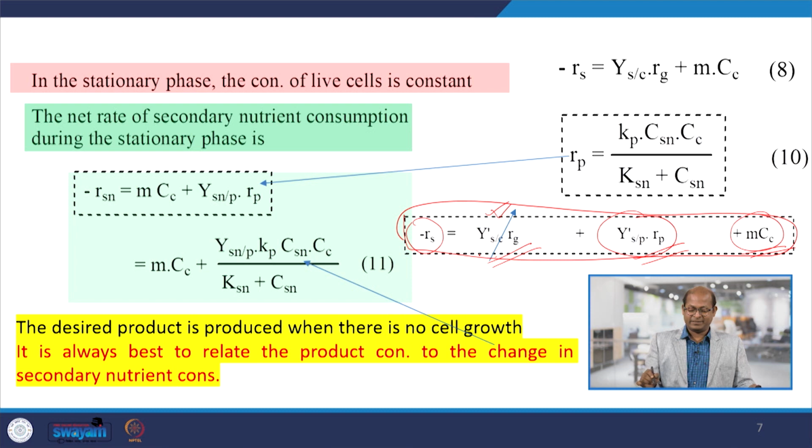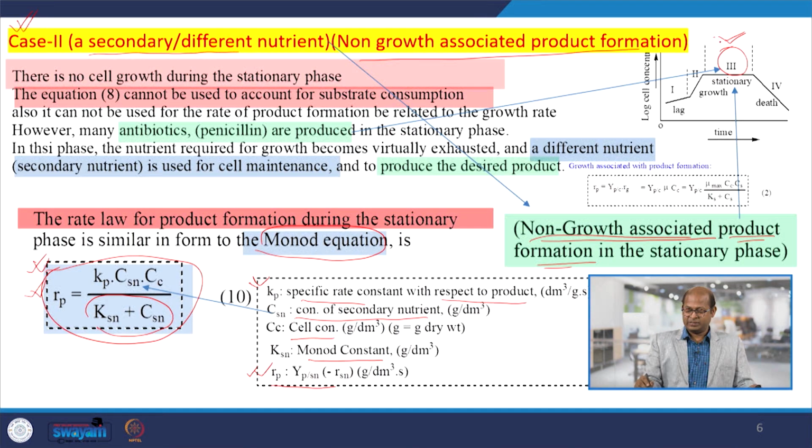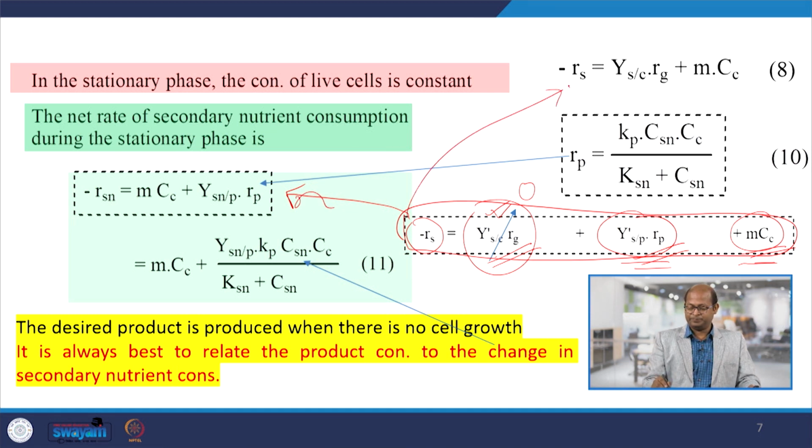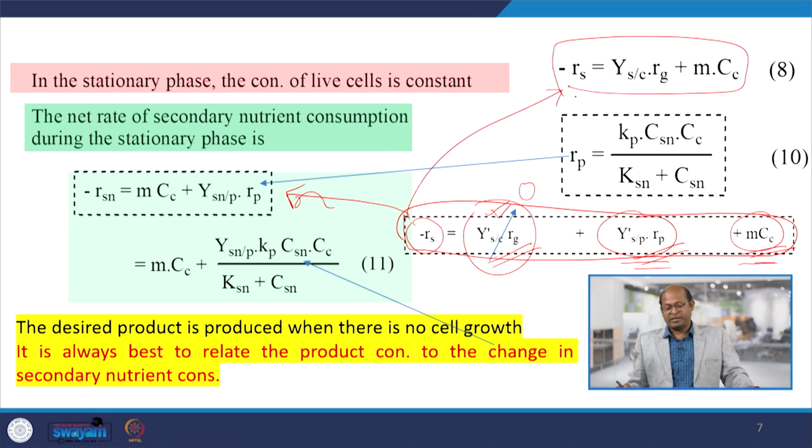In the stationary phase, stage 3, there is no cell formation, so we can eliminate this part. The remaining two components, product formation as well as cell maintenance, are the two reasons the substrate present inside the reactor is consumed. Therefore, we can write the equation this way: minus Rs equals Ys Rg plus m Cc.